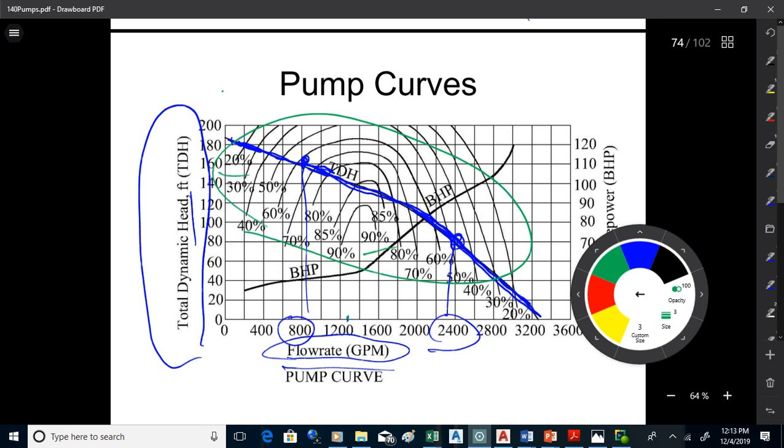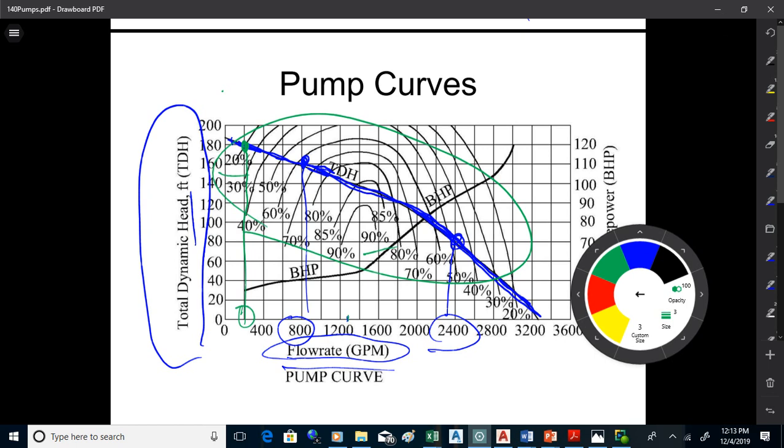So obviously, even though this pump would do it, I would not want to pump 200 gallons per minute at 180 feet of head. This pump will do it, but the efficiency is down around 20%, so I'm not going to want to do that, okay? So that's kind of what you consider when you look at a pump. The other information that you have on a pump curve is something that tells you what the brake horsepower is.